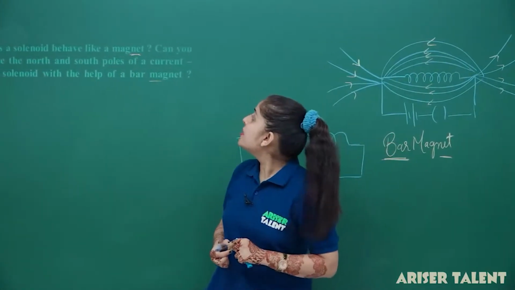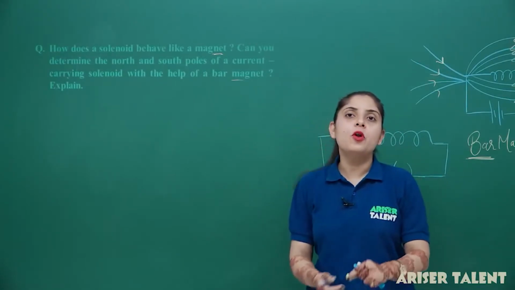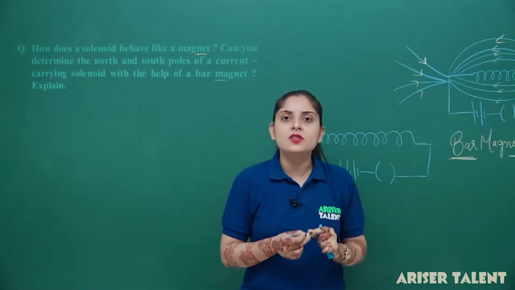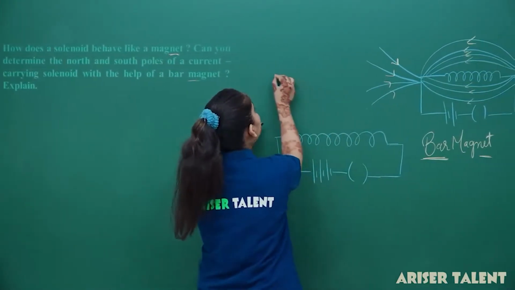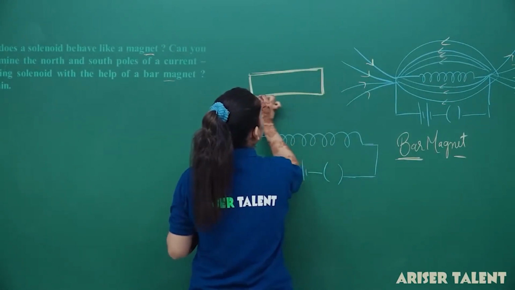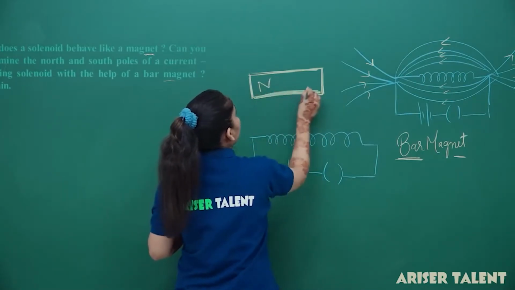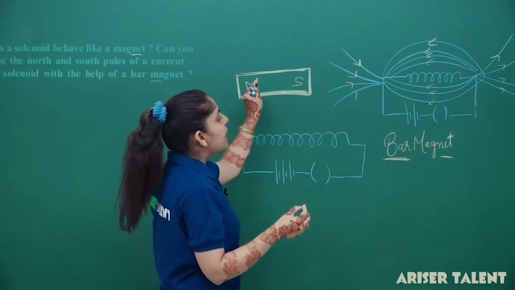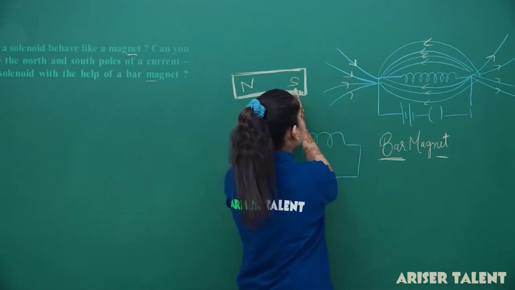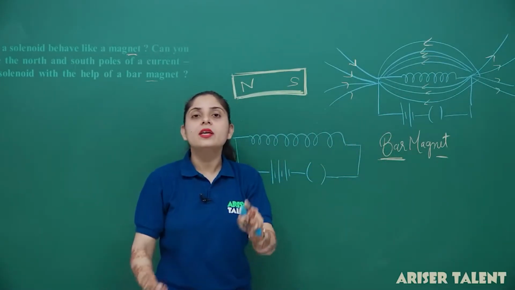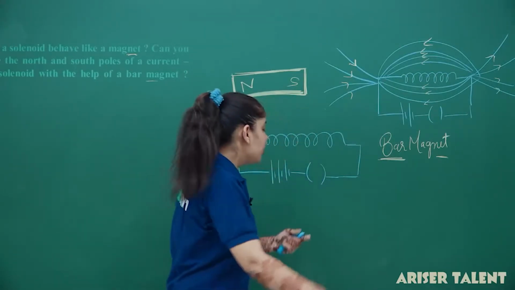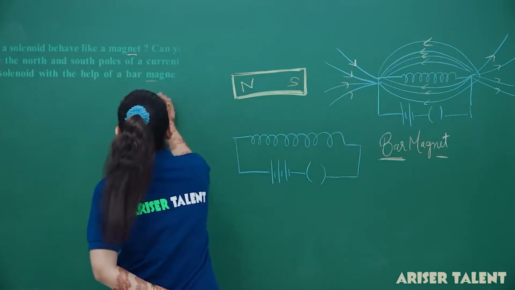Now, the second question is saying, can you determine the north and south pole of a current carrying solenoid? If I have to determine the north and south pole of this current carrying solenoid, what I have to do is bring a bar magnet closer to it. Considering this is our bar magnet, it has a north pole and a south pole. If I bring this bar magnet to the negative terminal of a battery, they are going to repel each other, because we know that like poles always repel each other.